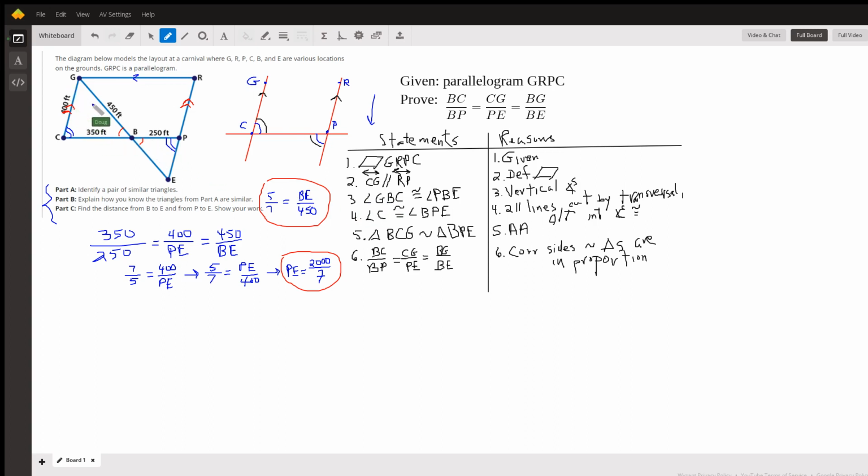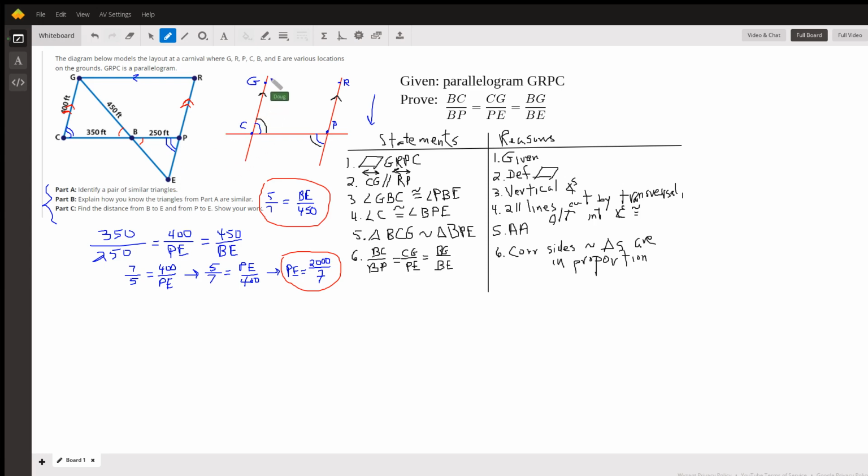Angle GBC is congruent to angle PBE because they're vertical angles. And angle C, this angle right here, only has 2 rays leading from C, so I can use only one letter if I want to, is congruent to angle BPE.